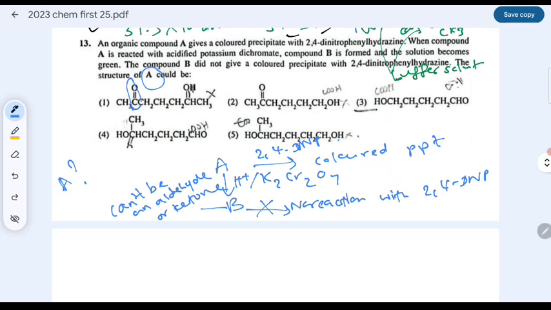Next we will see when compound A is reacted with H plus potassium dichromate, compound B becomes green. Now here a ketone is present. Now ketone can give a secondary alcohol.